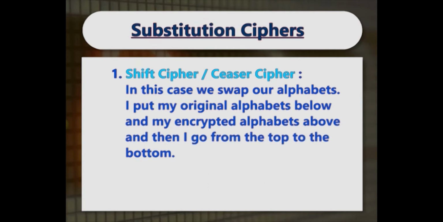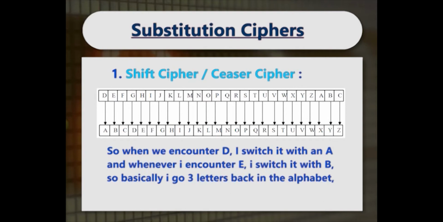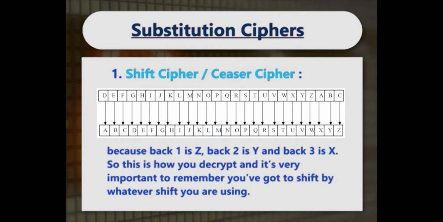I put my original alphabets below and my encrypted alphabets above, and then I go from top to bottom. So, when we encounter D, I switch it with an A, and whenever I encounter E, I switch it with B. So, basically I go 3 letters back in the alphabet. So, when I encounter A, I switch it back to X, because back 1 is Z, back 2 is Y, and back 3 is X.